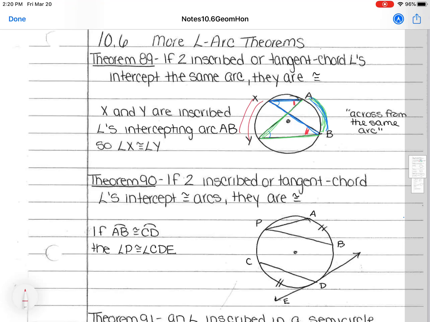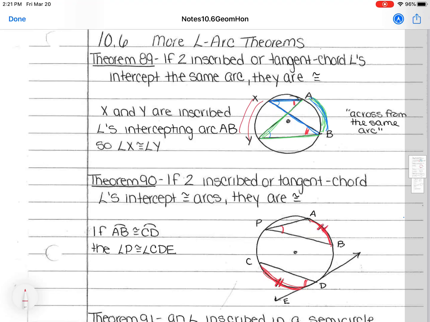With theorem 90, if two inscribed or tangent chord angles intercept congruent arcs, so instead of it being the same arc, we have two angles, angle P and say angle D right here. They intercept two arcs that are congruent. So arc AB is congruent to arc CD.